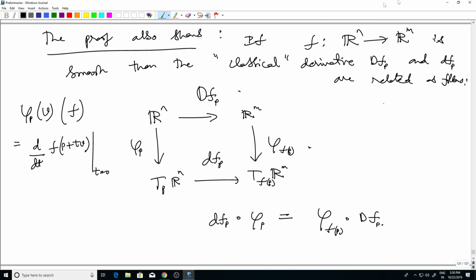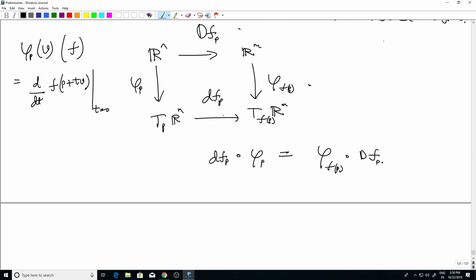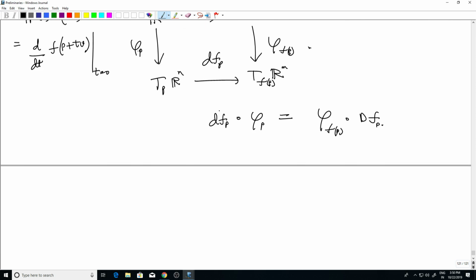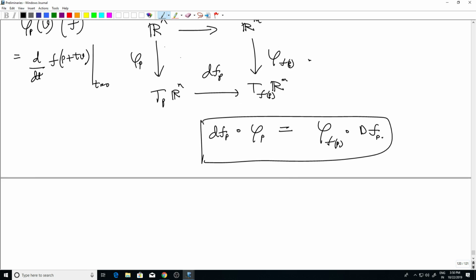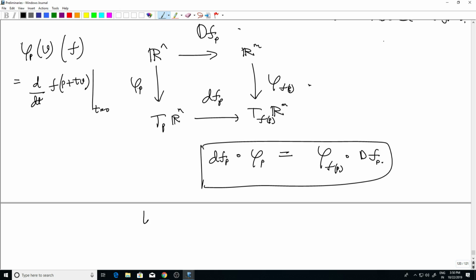And how does the proof show this? Well, it's just a matter of working through it. For instance, suppose I want to check this equation, I would start with an element of Rn. So let V belong to Rn. Then I want to check dfp of Vp of V, this is the left hand side of this equation, and I want to see what it is.